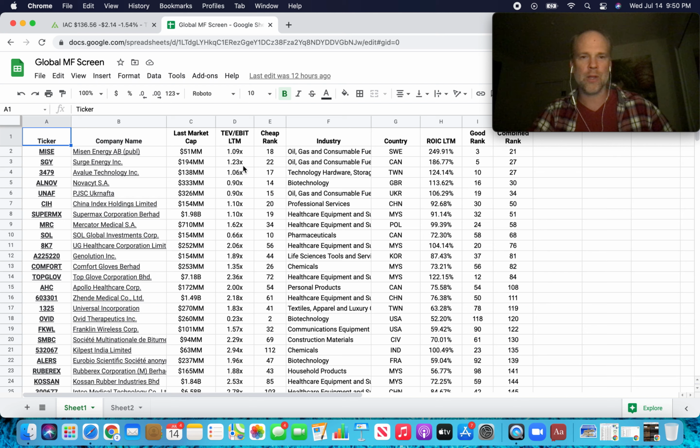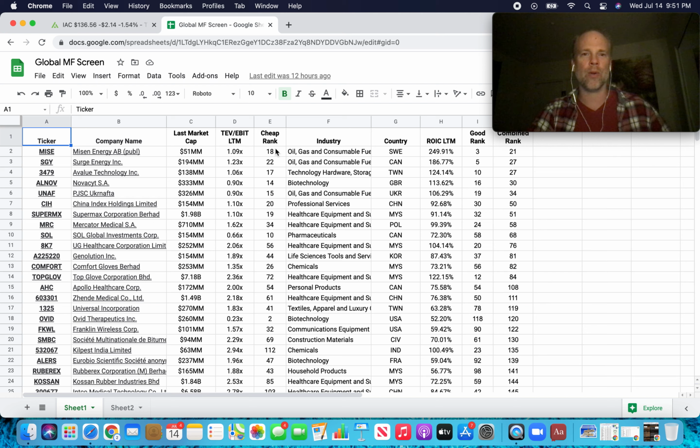But regardless, we sorted this by acquirer's multiple, and then simply ordered them 1, 2, 3, 4, 5, all the way down to 14, based on how cheap they are, according to this acquirer's multiple metric.